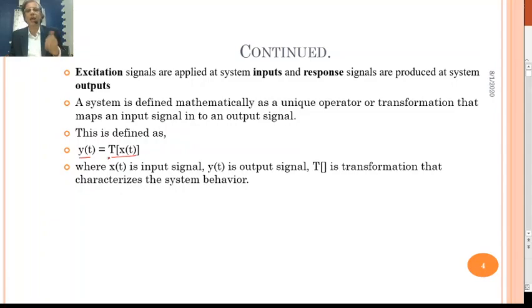Now an amplifier is a system. The amplitude is increased or decreased. Means here the T is amplification or the attenuation.